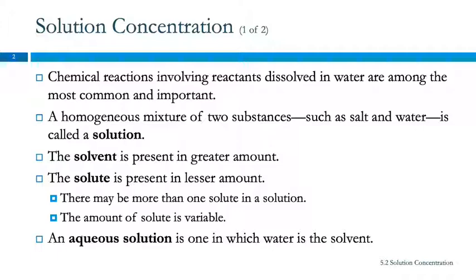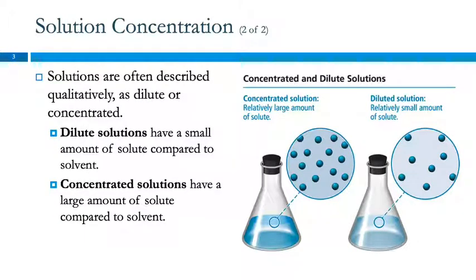When the solvent is water, it is an aqueous solution. And water is the most common solvent. Because the amount of solute is variable, we need to describe how much solute there is. So we can describe these solutions qualitatively as dilute or concentrated.